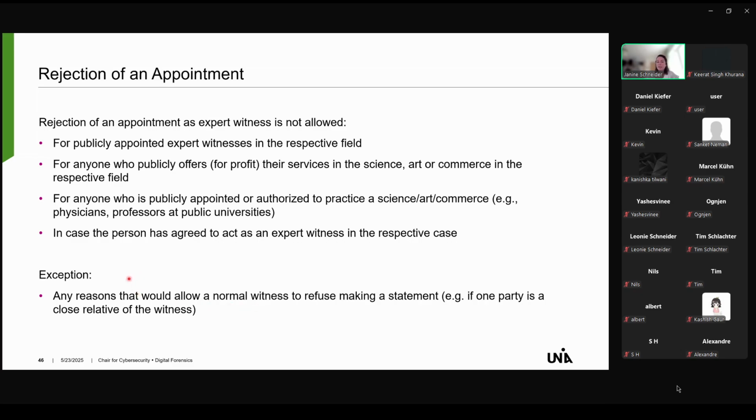There could be reasons that would allow a witness to refuse making a statement, for example, if you are close to a party involved in the crime.